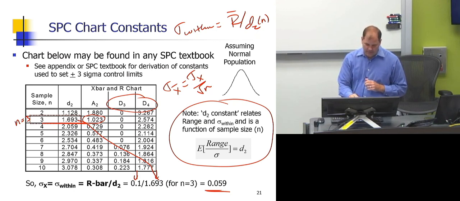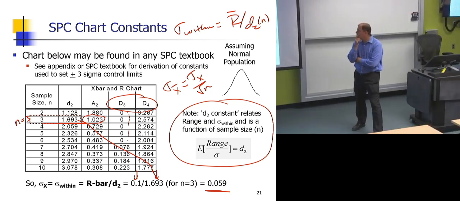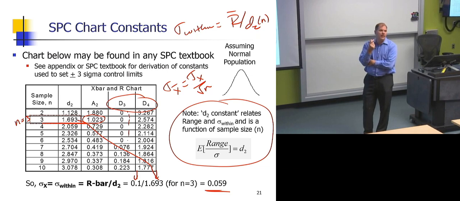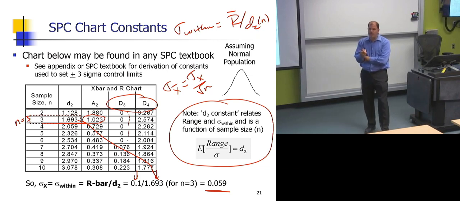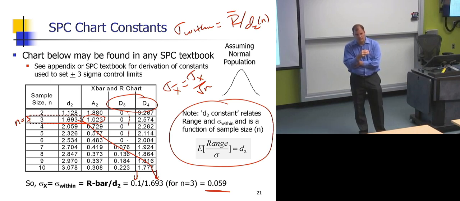What is interesting about D3 for 2 through 6? They're all zeros. Now think about what that means. If I measured only 3 things and I got the exact same value every time, the range would be 0. That is not viewed as out of control.